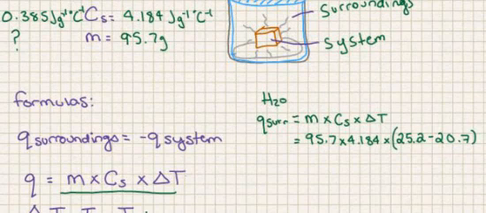So we're going to solve in the brackets first, so the change in temperature, which is 4.5, and then 95.7 times 4.184 gives you 400.4088.